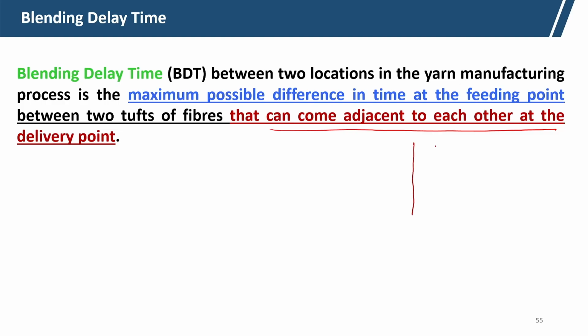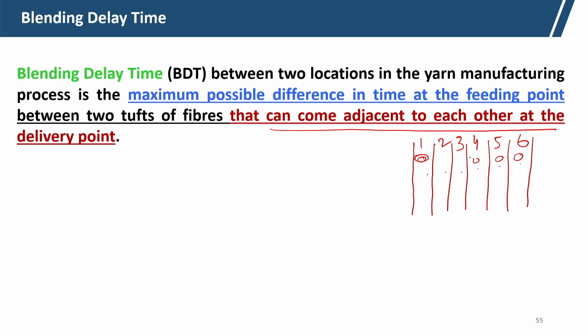Like suppose this is a fiber, there are different chambers. This is 1, 2, 3, 4, 5, 6 chambers. So, here is a fiber. These are the fibers. Now, this fiber will reach here.